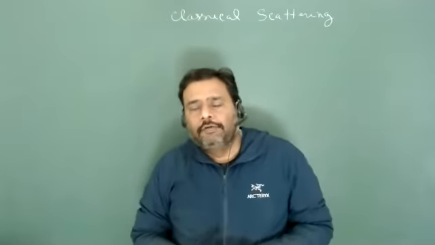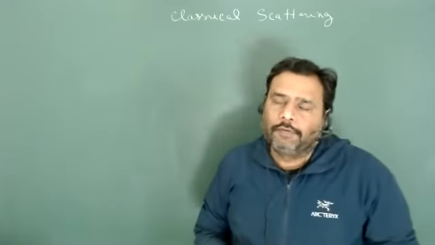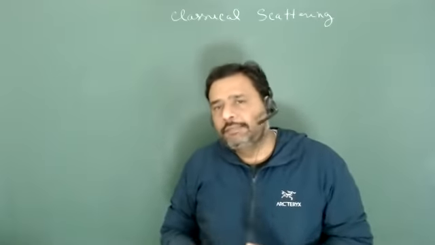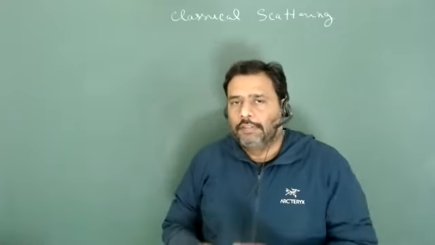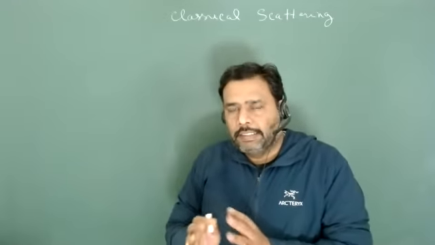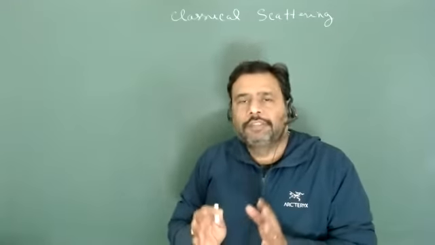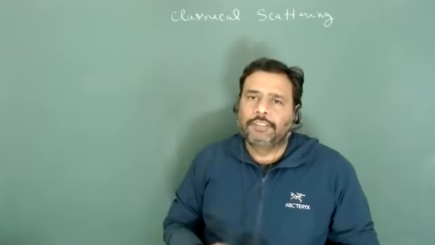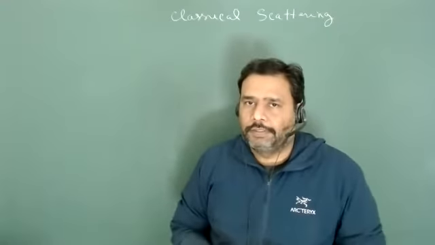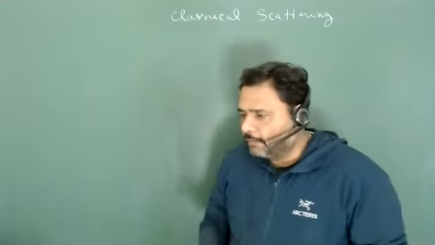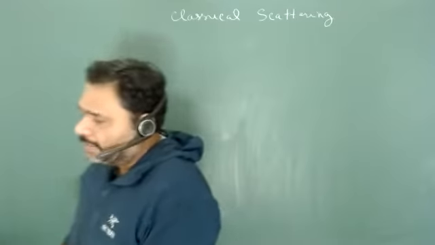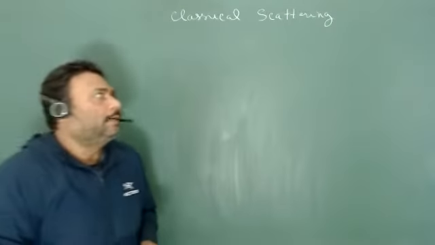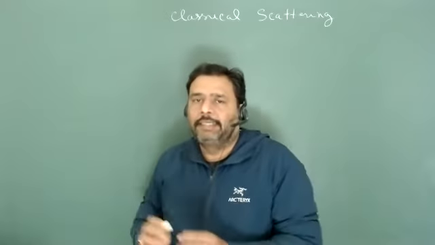And in general, we will try to solve all these problems for a spherically symmetric potential, meaning my potential is only a function of R. So this is a spherically symmetric potential, and they are mainly short range potentials.